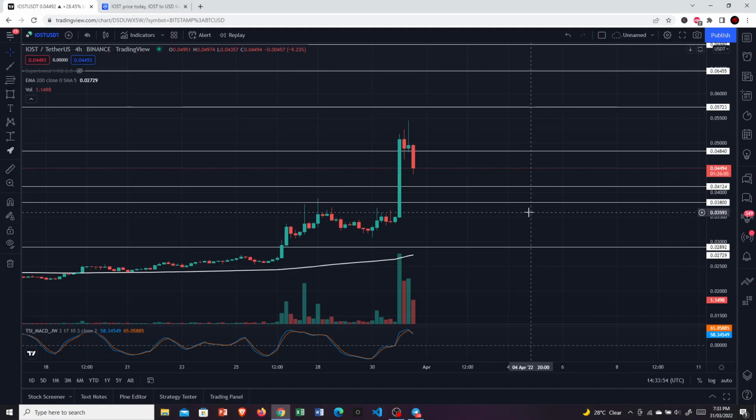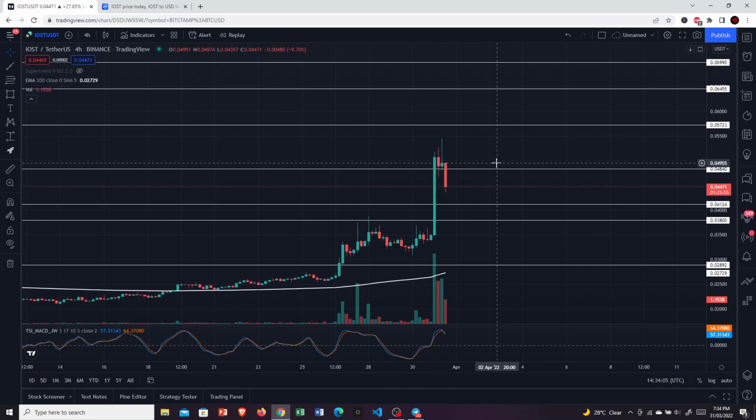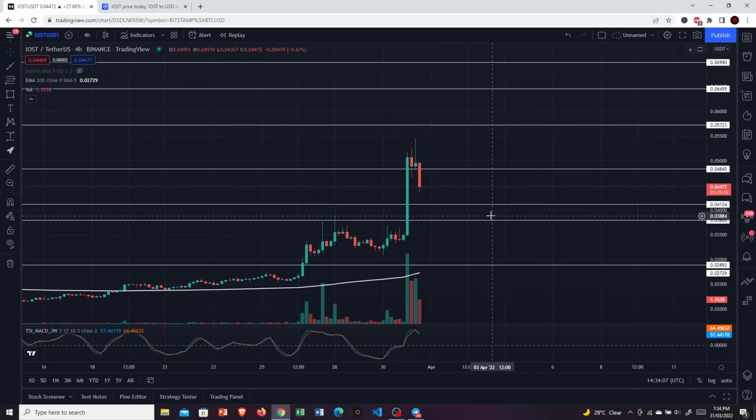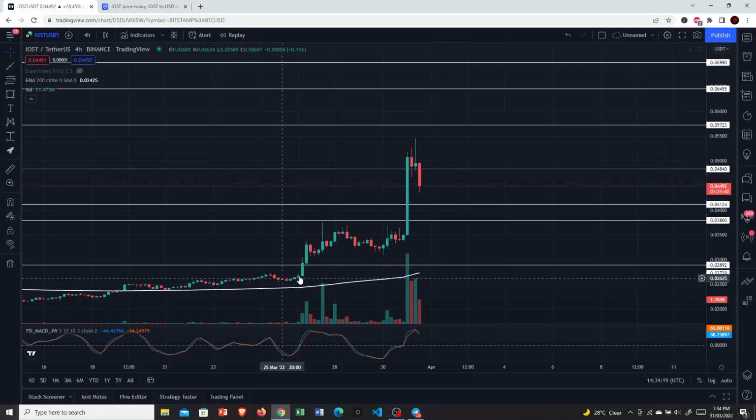But let's say you have already bought IOST somewhere over here or are sitting at break even. Where can IOST go in a couple of days? In my opinion, IOST is going to have a retest of at least this support, because we are going up from this point and have almost done 100%.